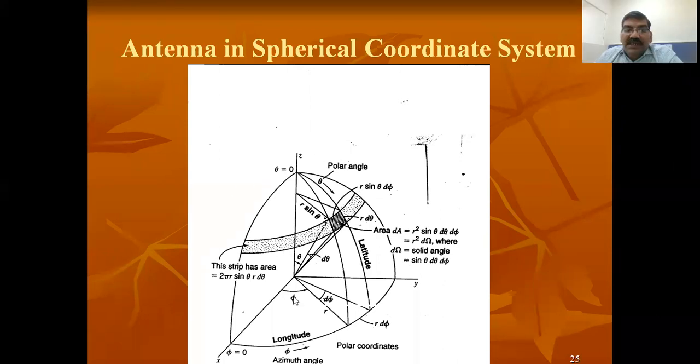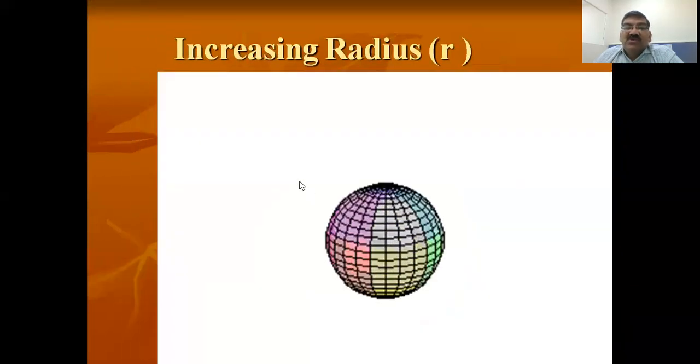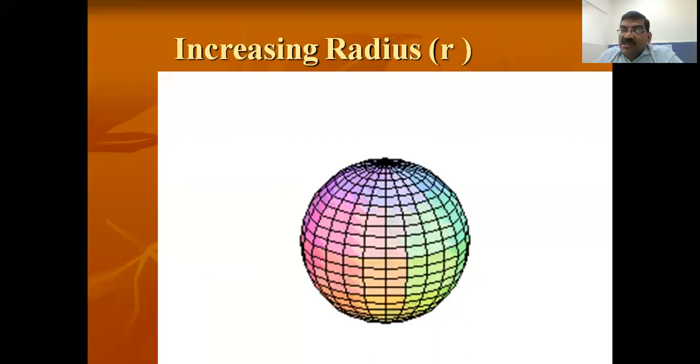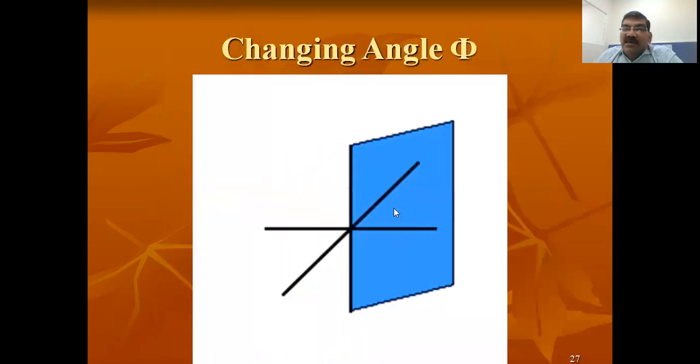These coordinate systems are required to understand so that we can go further. Mostly we are using the spherical coordinate system. This is our increasing radius, and this is the angle phi.